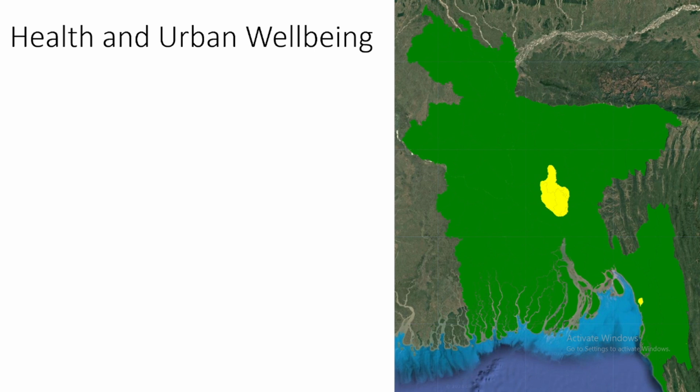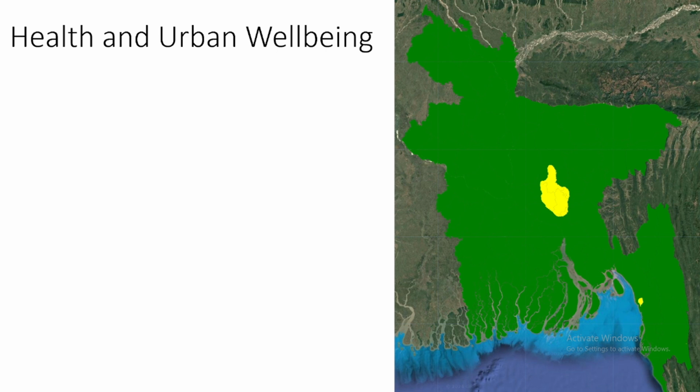Suppose you check this map, based on the air quality data, this place, the capital of Bangladesh, has more air pollution, due to the high intensity of vehicles and infrastructure. This region is more developed, as well as a more polluted place.